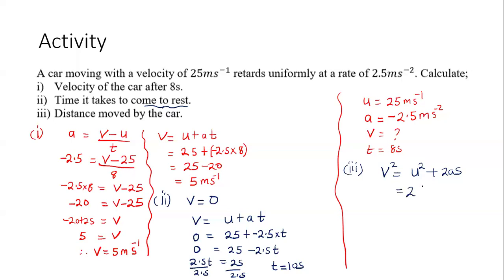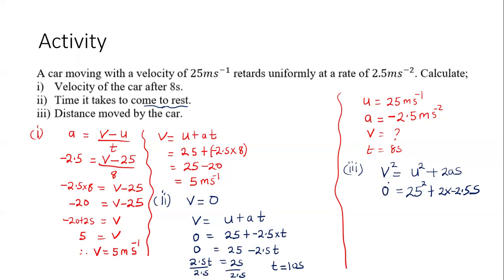Okay. Two of the acceleration, which was negative 5. Negative 2.5, yes. Okay. So then we'll have 500.